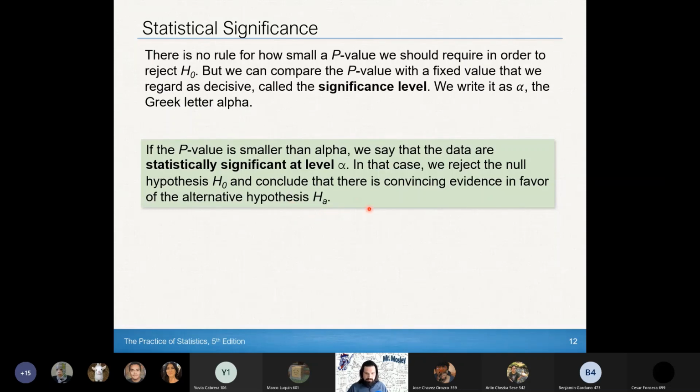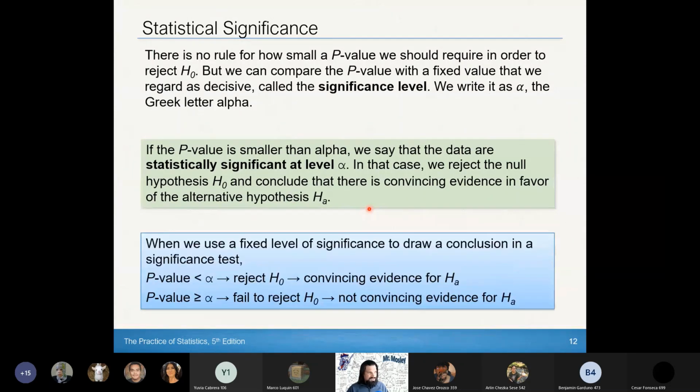So again, when we use a fixed level of significance to draw a conclusion in a significance test, if the p-value is small, less than alpha, then we reject H0 and we have convincing evidence for HA.